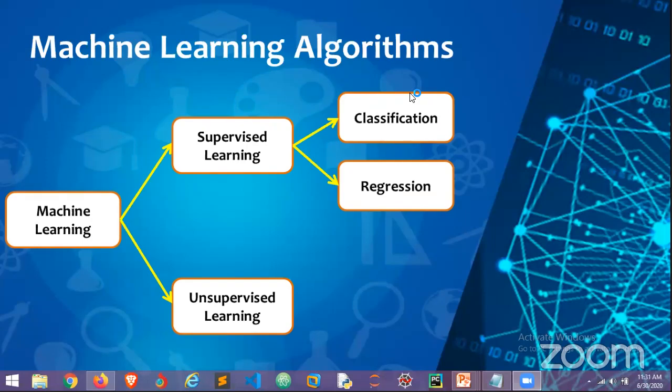Classification has different types: logistic regression, k nearest neighbor, naive Bayes classifier, decision trees, support vector machines, ensemble learning techniques, random forest classifier.